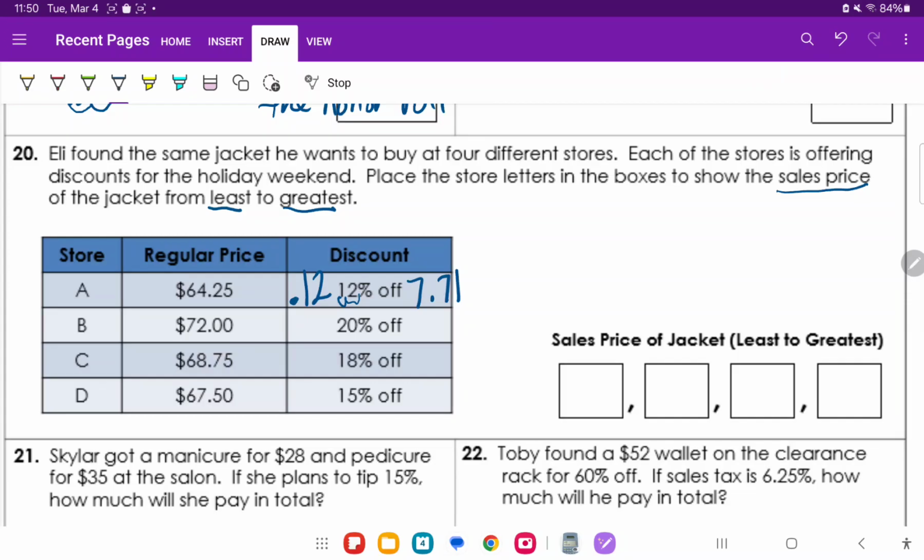Now, to get the actual sale price, we're going to take the original price minus the discount. So $64.25 minus the $7.71. All right, I want to move that up a little bit.